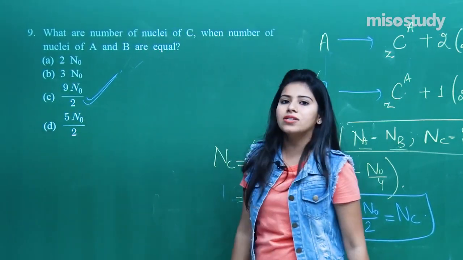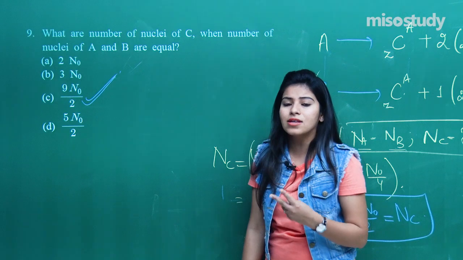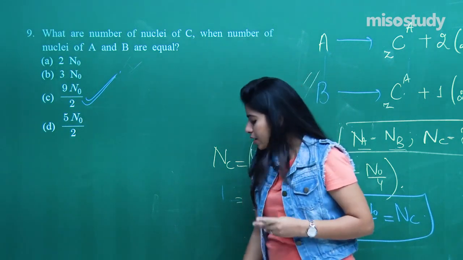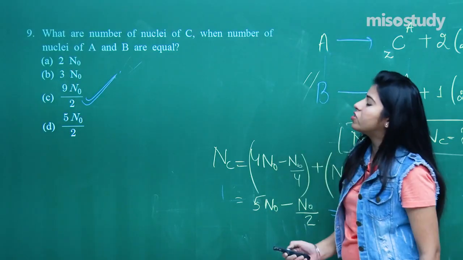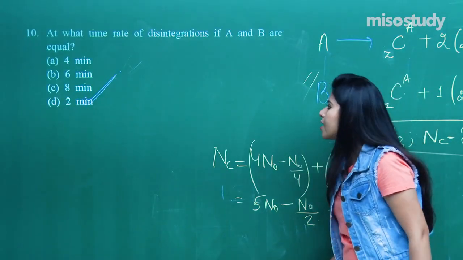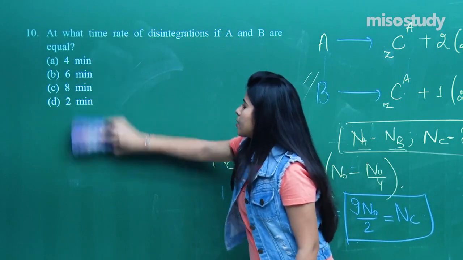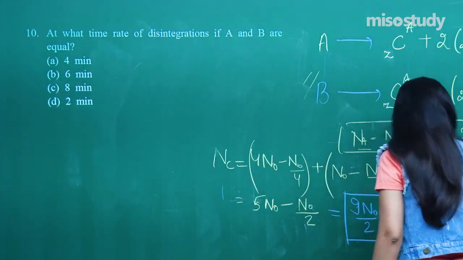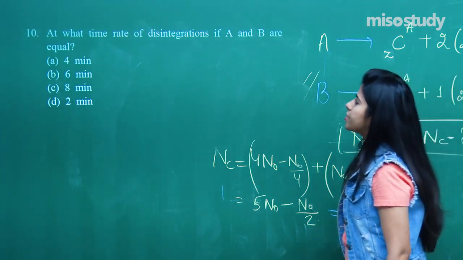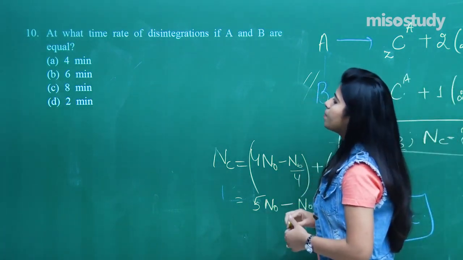Okay, so now we are done with 2 questions from this passage, that is 8 and 9. Let us just see what is the next question, and that will be the last question of the session. That is question number 10. We have to find at what time the rate of disintegration of A and B are equal.